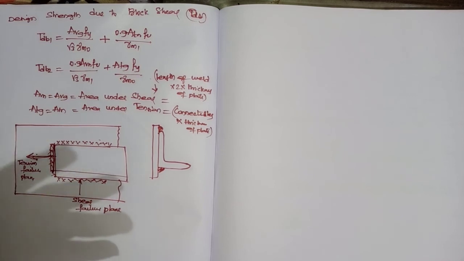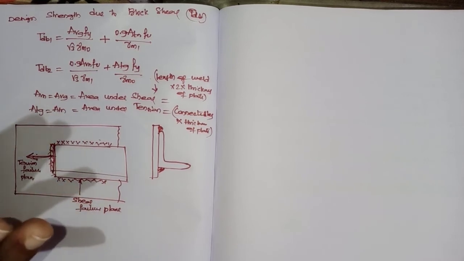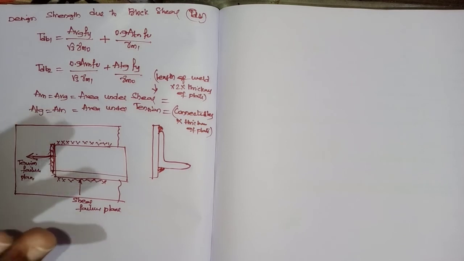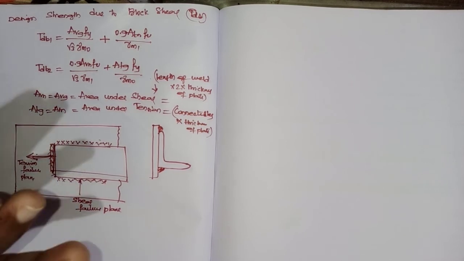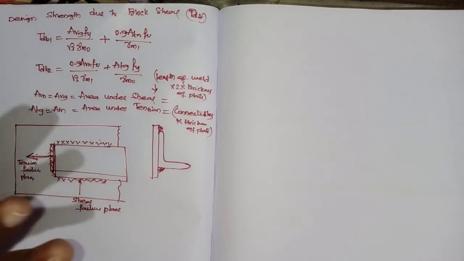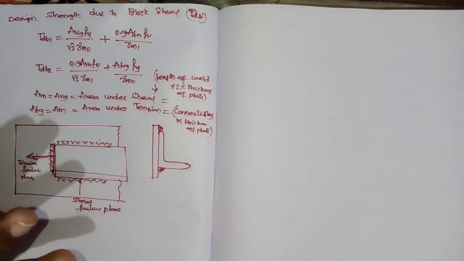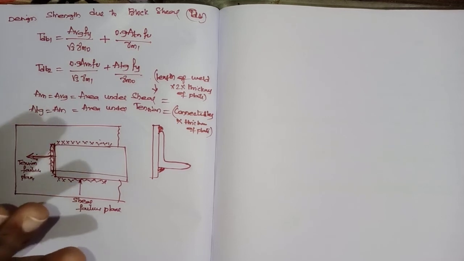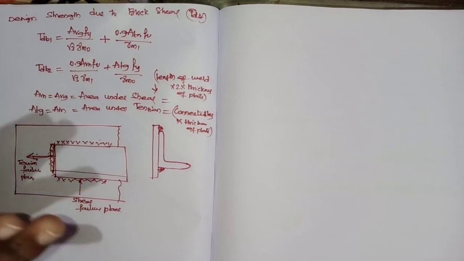That is the reason the design tensile strength of a tension member connected with fillet weld will be greater than that of a member connected by riveted or bolted joints. Is it okay? So this is the introduction part of design of tension members.